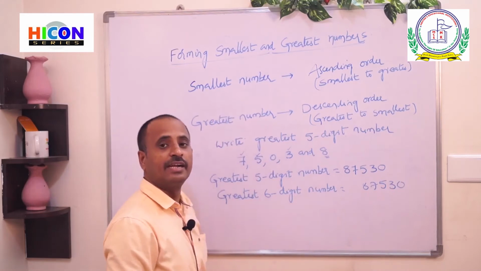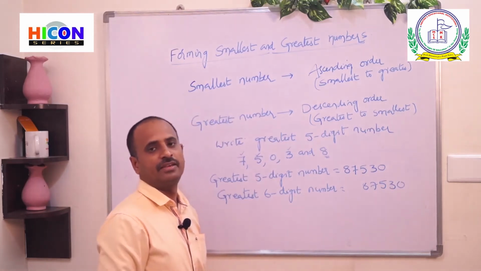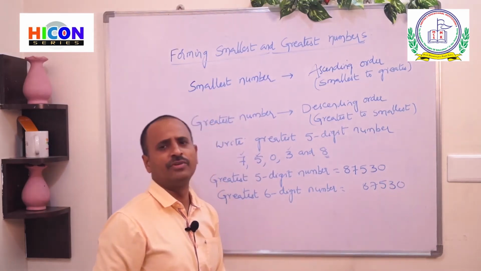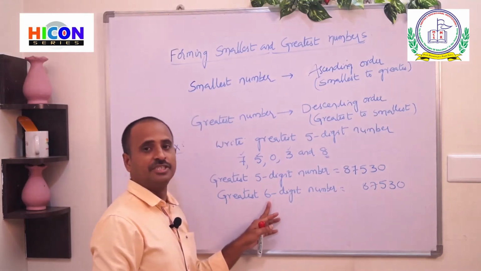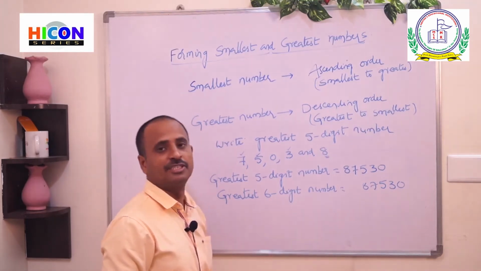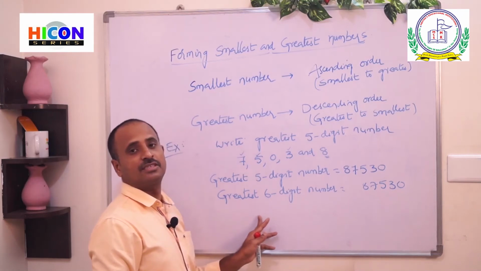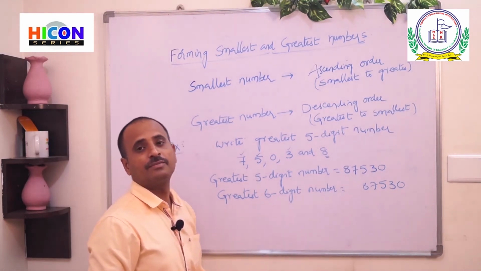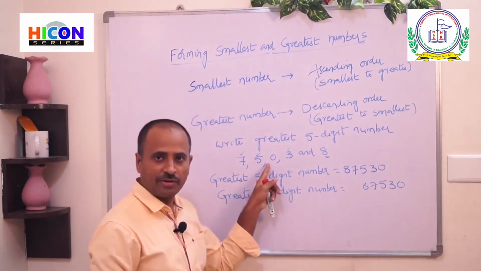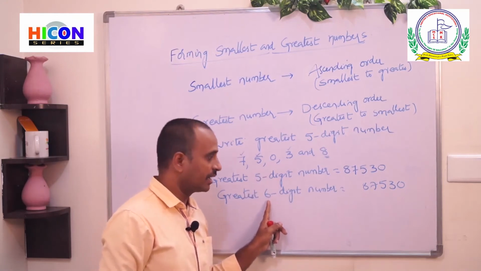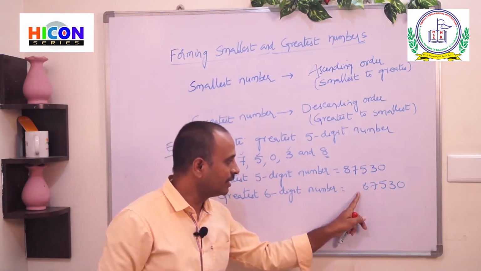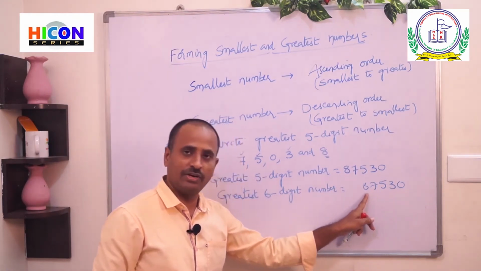That means 87,530. But this number has only 5 digits, and we want a 6-digit number. So how to get the 6-digit number? So children, remember, there are only 5 digits, but we want the greatest 6-digit number, and we have obtained only the greatest 5-digit number.